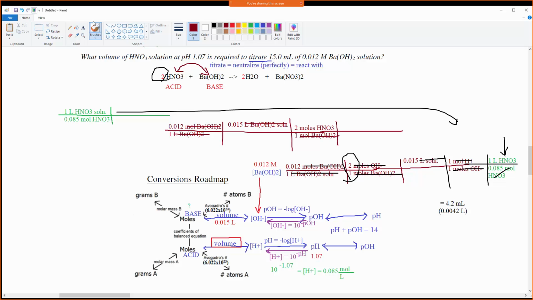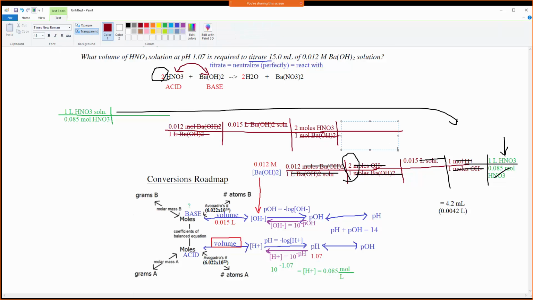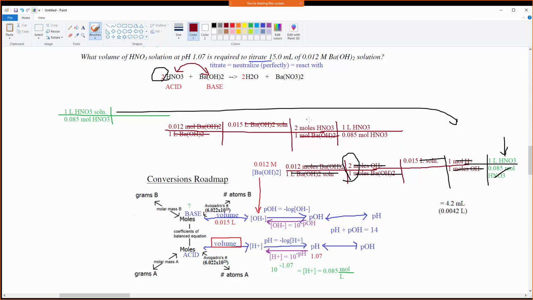And once you have your 2 moles of HNO3, you can plug this in here, right? And say, all right, every 1 liter of my HNO3 solution has 0.085 moles of HNO3. And moles of HNO3 cancel, and you'll get your answer in liters here, right?